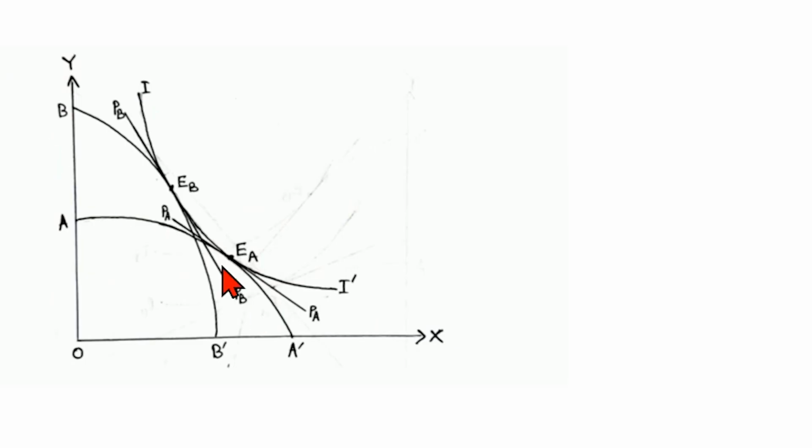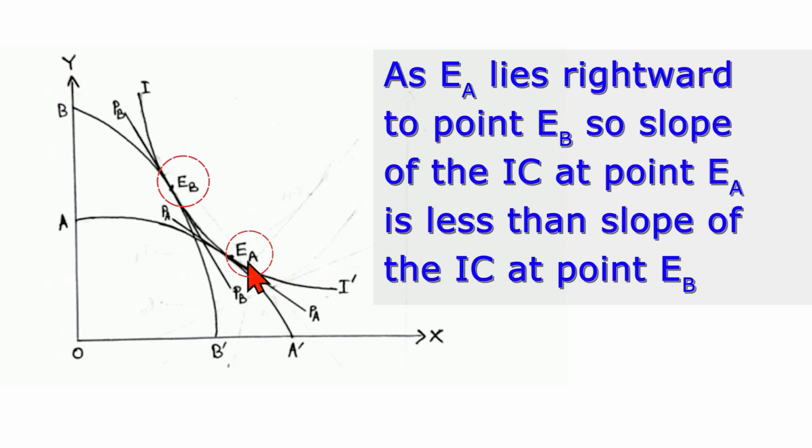So only one indifference curve is drawn for the two countries, but as the two equilibrium points EA and EB lie on the same indifference curve, we can directly compare the slopes at points EA and EB. As EA lies to the right of point EB, the slope of the IC at point EA is less than the slope of the IC at point EB.